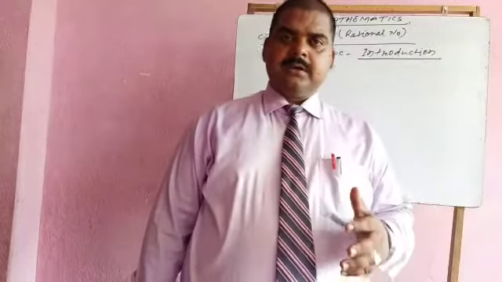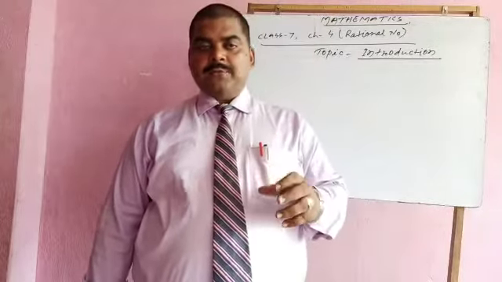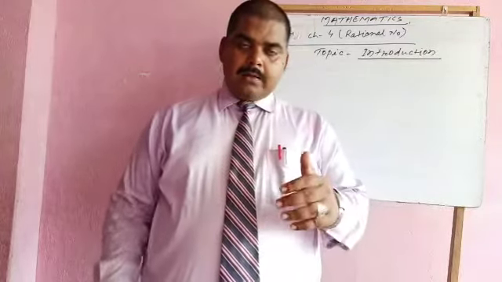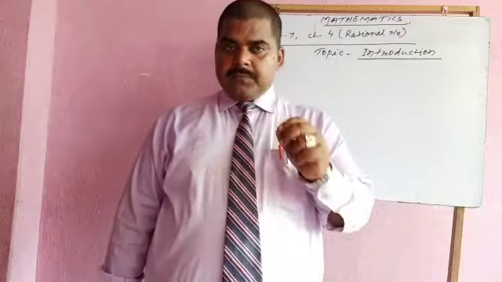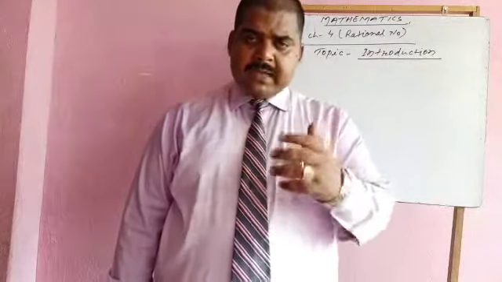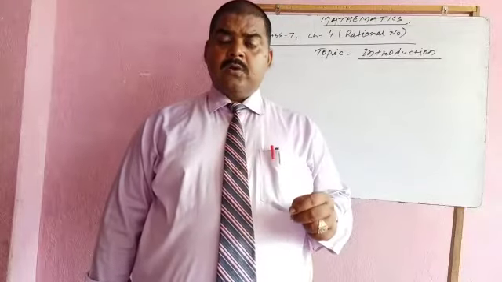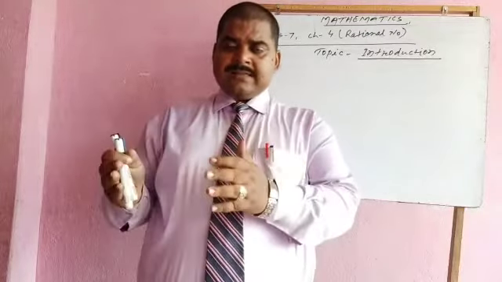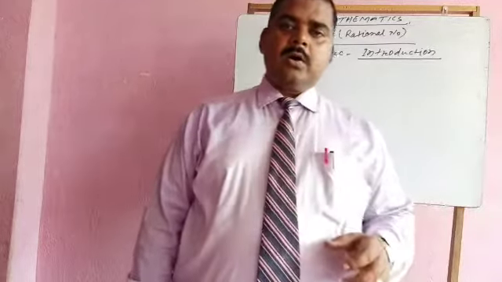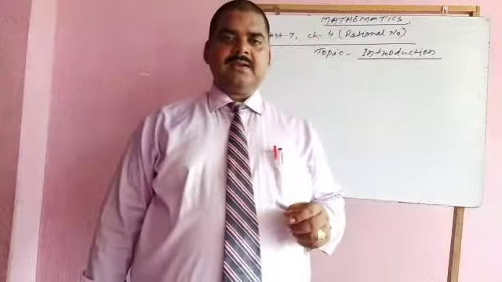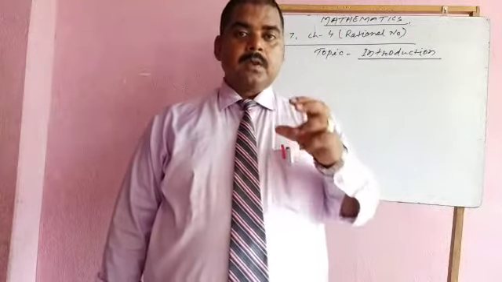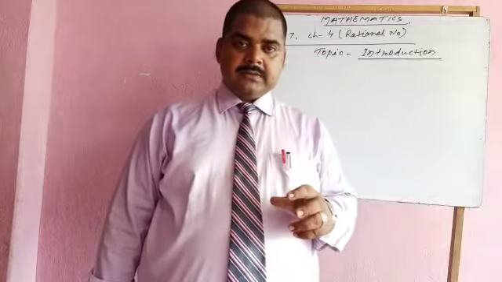In this chapter, at first you have to know the different types of numbers, then the definition of rational numbers, how to represent rational numbers on a number line, and later on in this session I will discuss the operations of rational numbers.